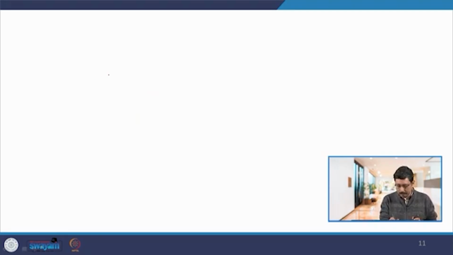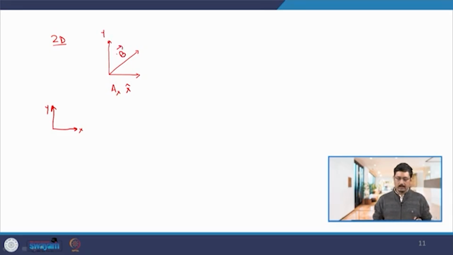Suppose this is 2D, and I have a vector Ax in the direction of the x axis. This is my x axis, this is the y axis, and this is another vector, B. Now, what is the piece of B that is along the x axis?